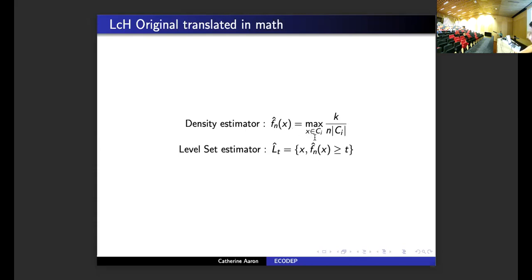With their level of gray, what they do exactly is estimate the density, by taking the maximum over all i such that x is in the small convex hull. And they estimate the level set as the set of points where the density is larger than the level. So that's more classic.